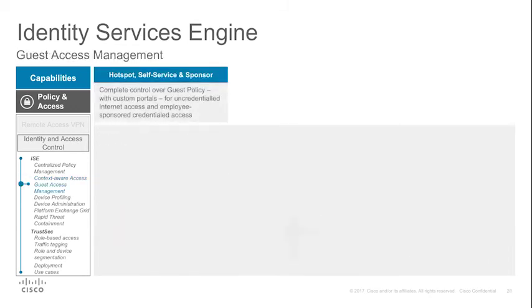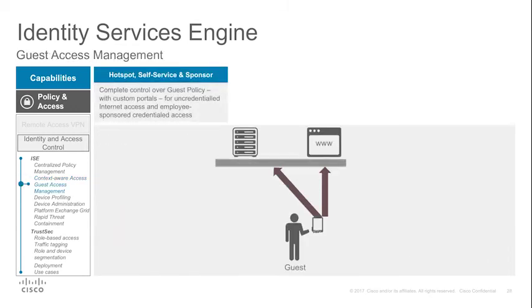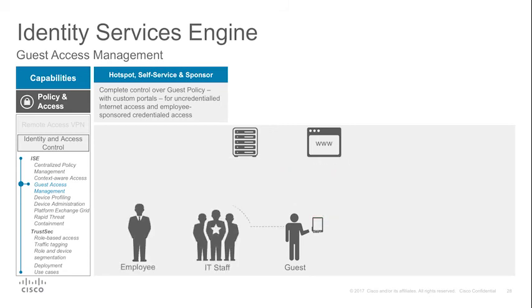In many instances, guests do not have the ability to access any information or even the internet from the company's network. However, with ISE, employees can sponsor guests so they can access the information they need, whether it be guests needing to access online services or contractors needing information to perform jobs.